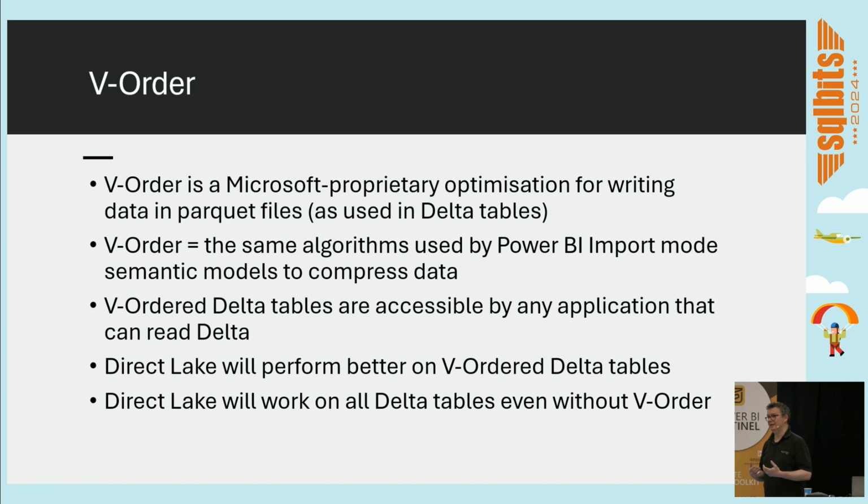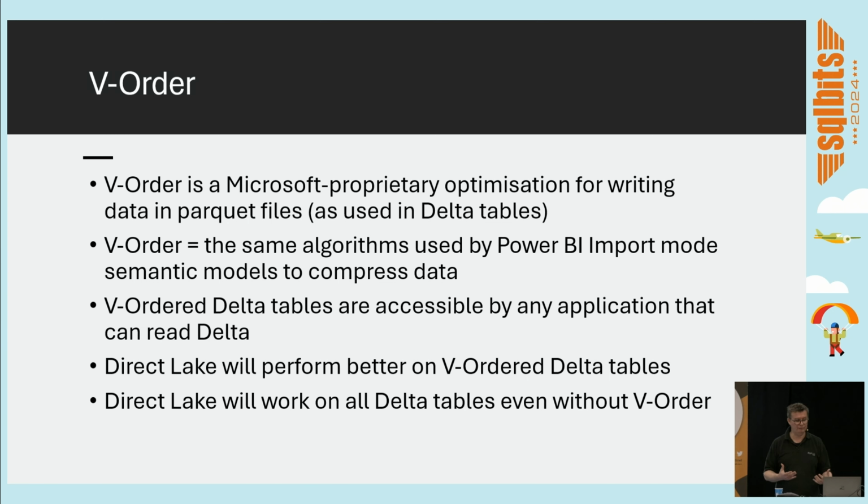All we've done is taken those algorithms and transferred them to other workloads inside Fabric for creating delta tables. So we've just taken our proprietary compression algorithms and put them in, for example, Dataflow Gen2. So every time you use a Fabric workload to create a table, we're going to use those algorithms to make sure the data is compressed as efficiently as possible.